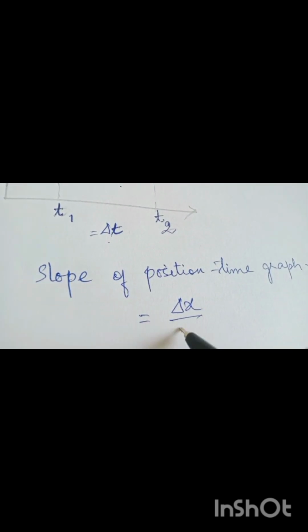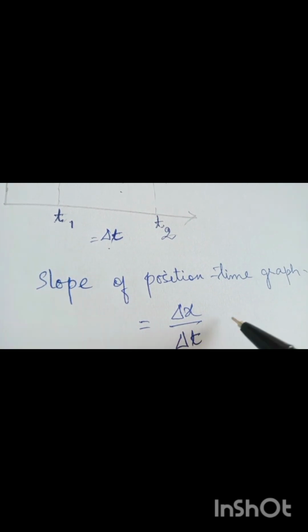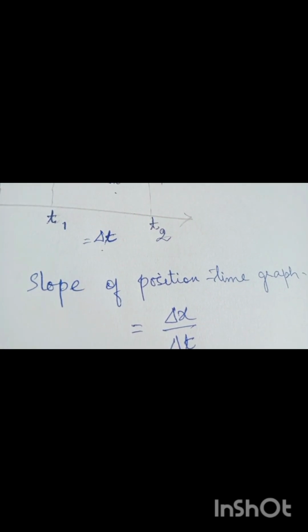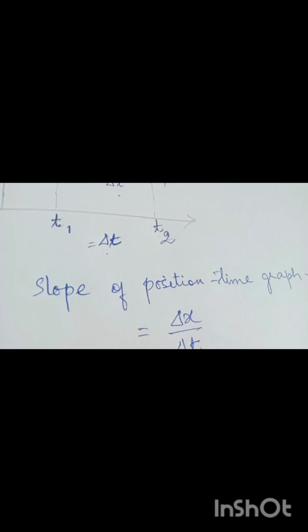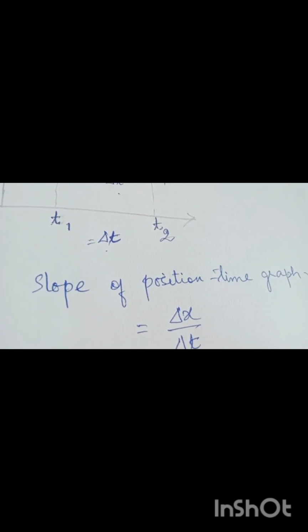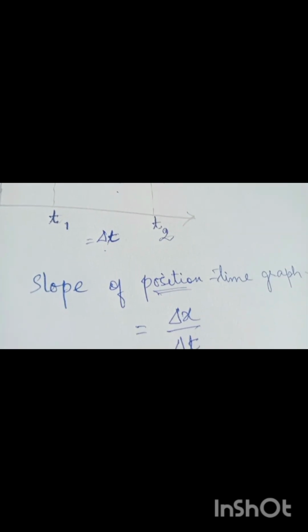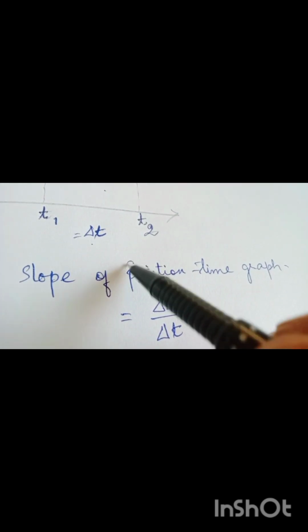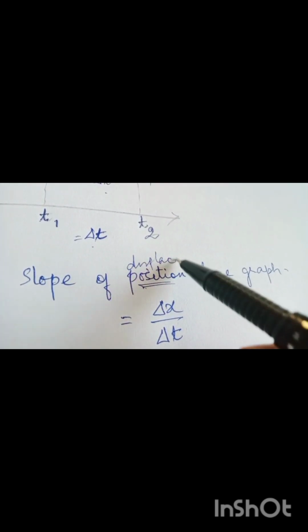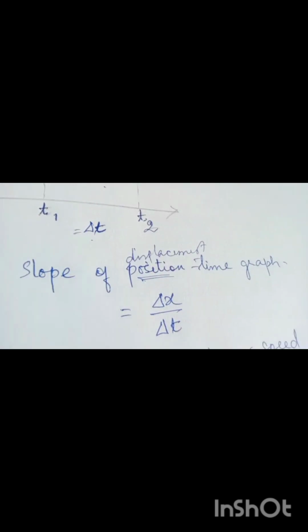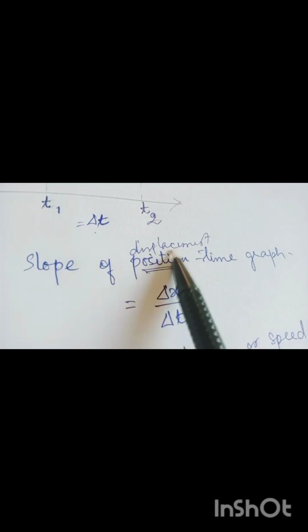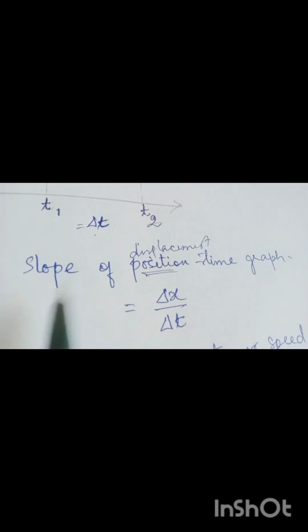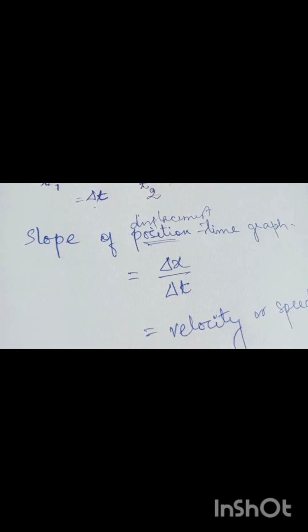Delta x by delta t, which is equal to velocity or speed. If we write position here, then we say it is speed, and if we write displacement, then we say it is velocity. So the slope of the displacement time graph is velocity, and the slope of the position time graph is speed.